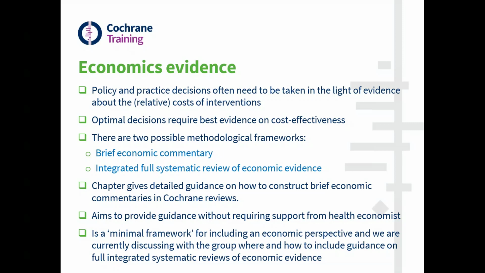And this chapter is very much focused on the brief economic commentaries, and the aim really is to help people to work and to add value in this area without necessarily requiring support from a health economist, but it's very much a minimal framework, they would say, and we're also in discussion with the group at the moment about where to include guidance on full integrated systematic reviews of economic evidence.